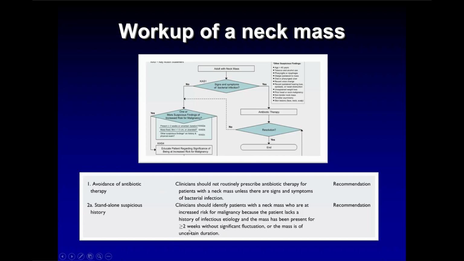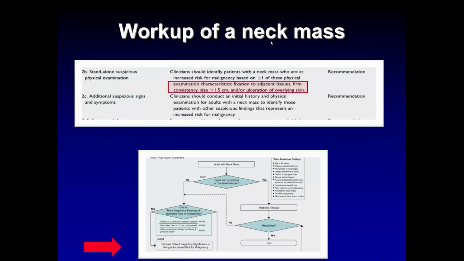Has the mass been present for over 2 weeks without significant fluctuation? Many patients will come and they really don't know how long it's been there. They noticed it when shaving or after looking at themselves in the mirror, and they don't know how long it's been there. So you want to have a high suspicion for a malignancy.